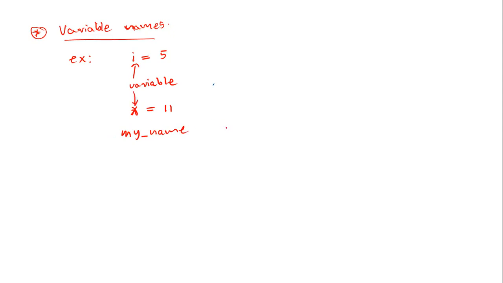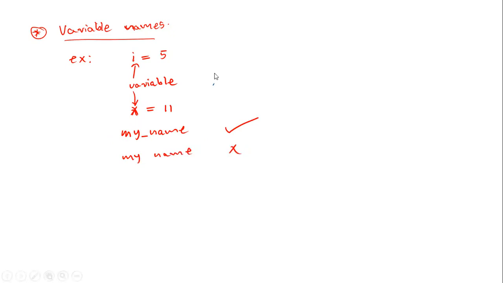This my name is a variable, but we cannot separate them into two words like this, my space name. This is not considered a variable in Python.